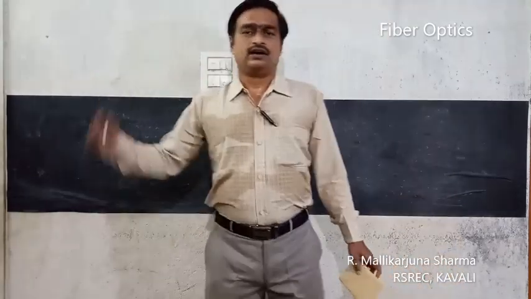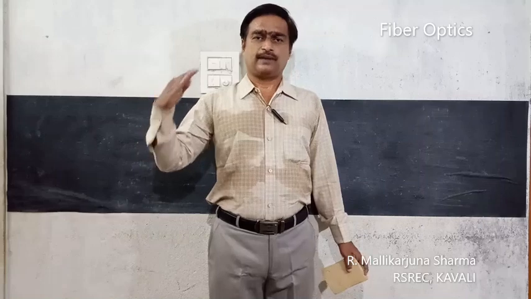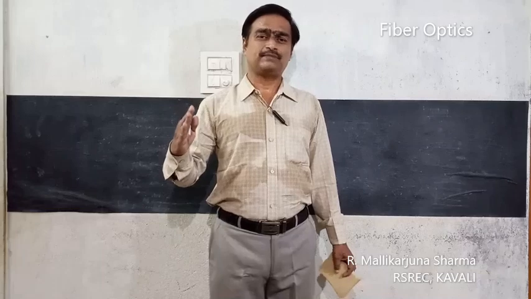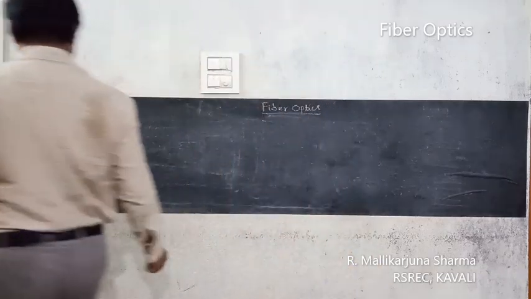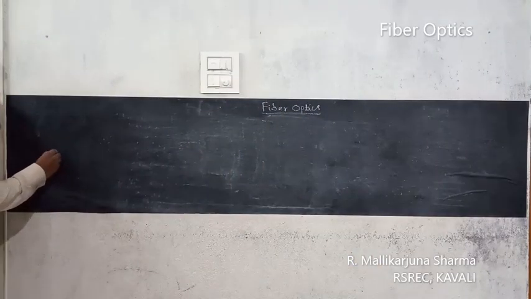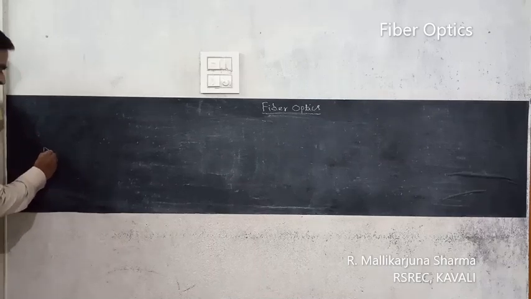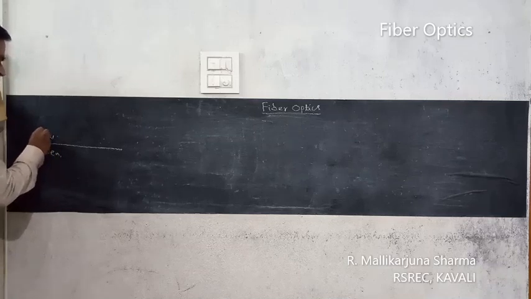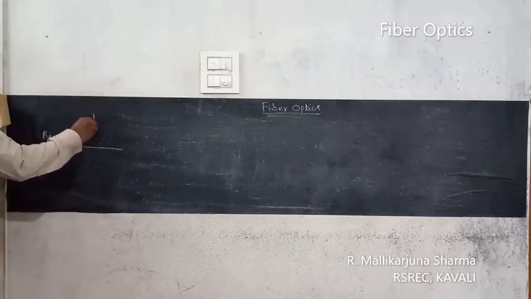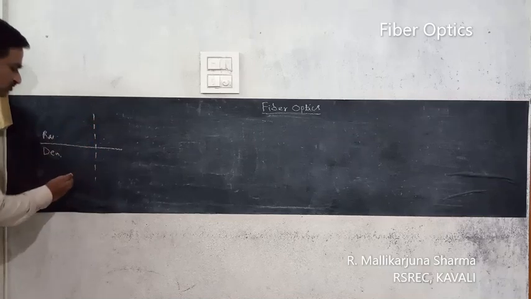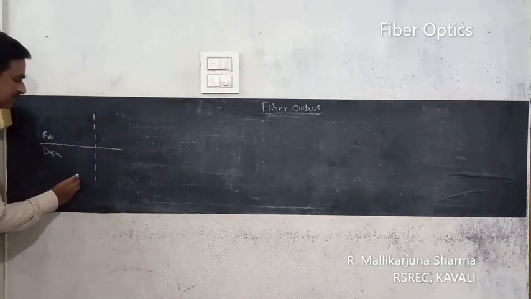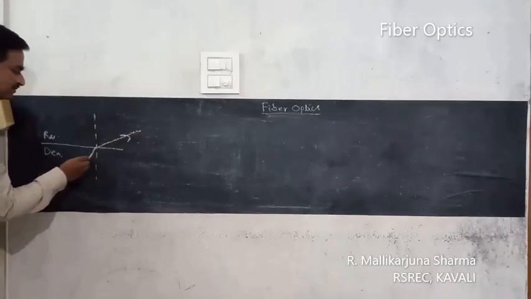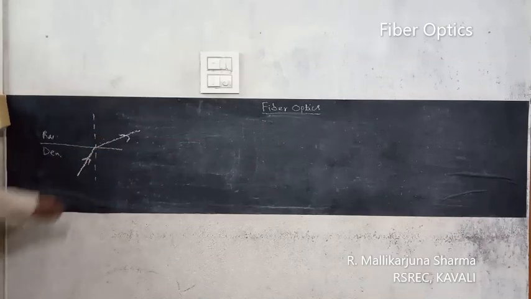From Snell's law, if a light ray passes from a denser medium to a rarer medium, it bends away from the normal. We take the denser medium here and the rarer medium here. If a light ray goes from the denser medium to the rarer medium, it bends away from the normal.